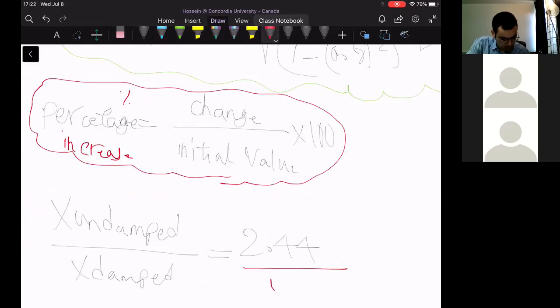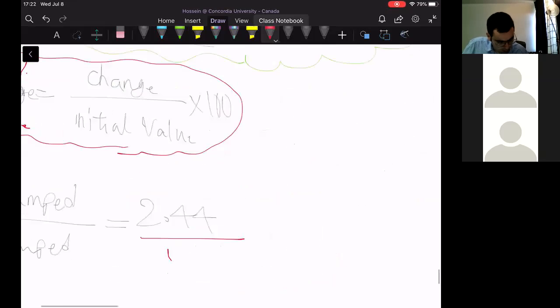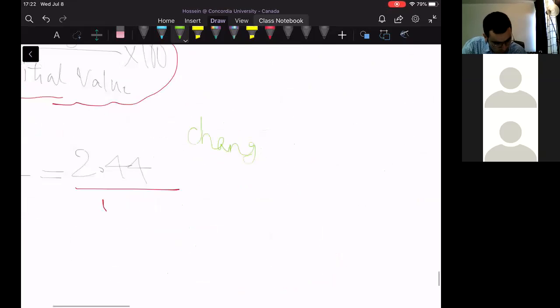So the change is 1.44; from 1, we reach 2.44.